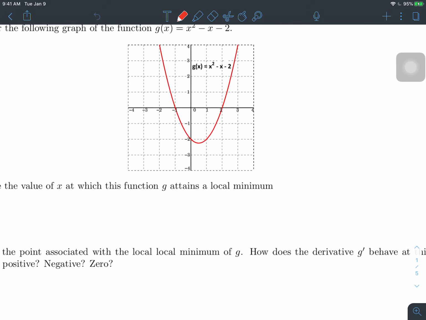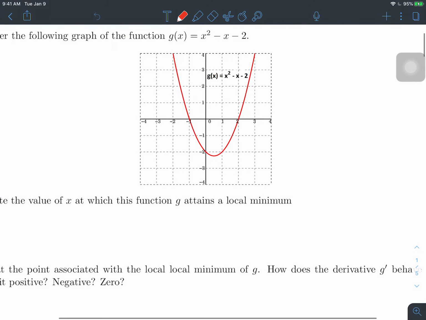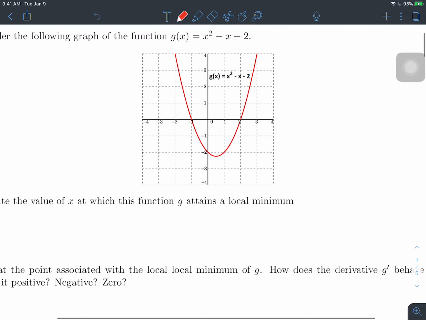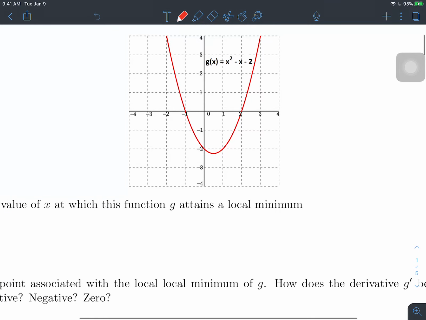When I say that the graph achieves a minimum, the minimum I'm referring to is the minimum height. So the place where this graph achieves a minimum is right here, at the bottom, in blue. That's when I reach a minimum.